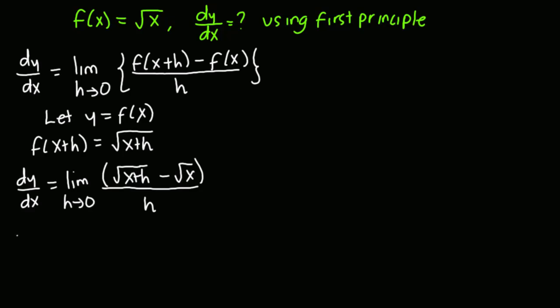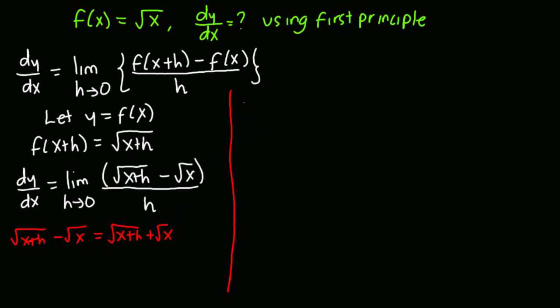The conjugate of root of x plus h minus root of x is simply root of x plus h plus root of x. So what I'm going to do is multiply this function here by root of x plus h plus root of x, all divided by root of x plus h plus root of x.